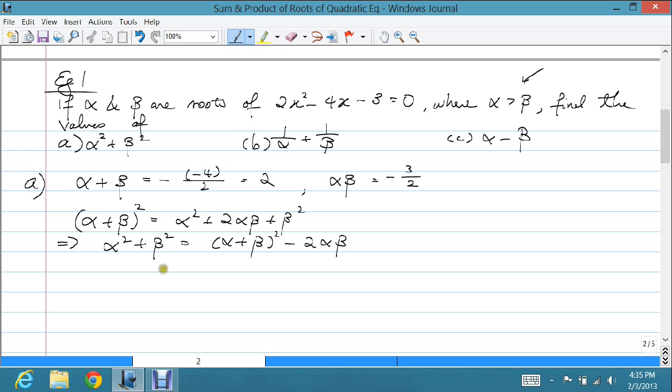Alpha plus beta is known, alpha times beta is also known from above. So we just do a substitution: alpha plus beta is 2, squared, minus 2 times negative 3 over 2, which gives me 7. Right, so far so good.